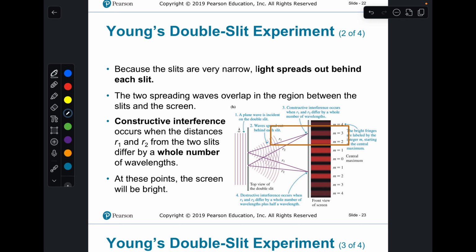So in this situation, the path length difference is going to be the difference between the source going through the first slit and the second source going through the second slit. So these distances R1 and R2, we're going to subtract them, and that's going to give us the path length difference. And then those path length differences are going to be related to the wavelength of the light that is going through the slits.